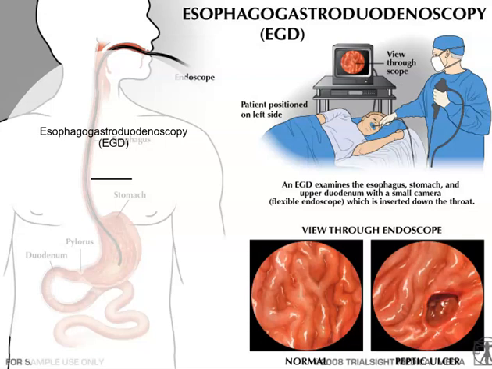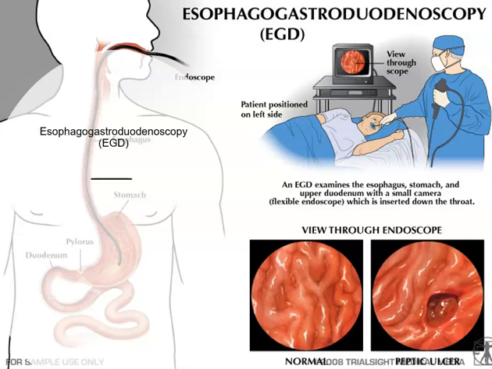esophagoscopy procedure, you'll notice that they're inserting that scope and there's a device, it's probably a camera, I'm pretty sure it's a camera, that is on the tip that allows the provider to look inside of the upper digestive tract.